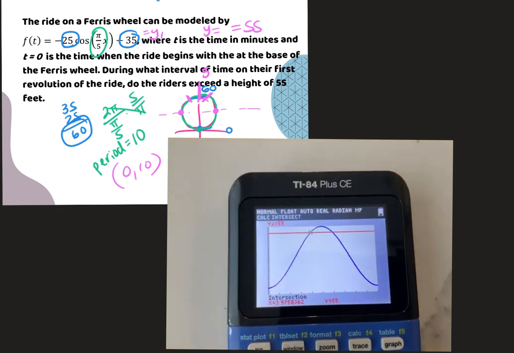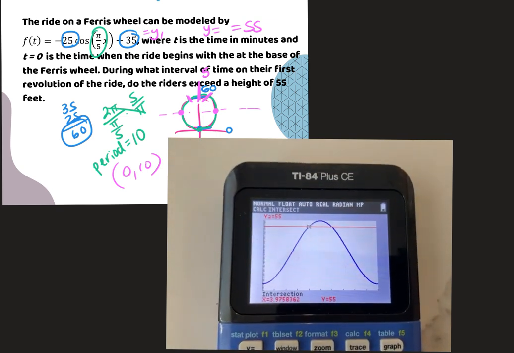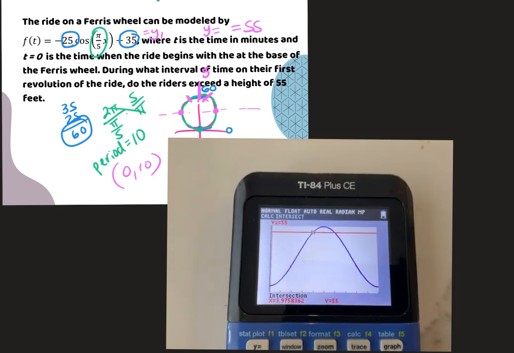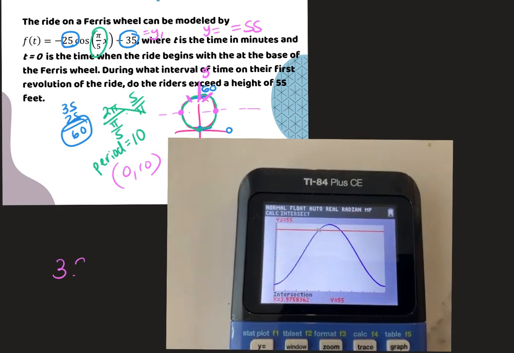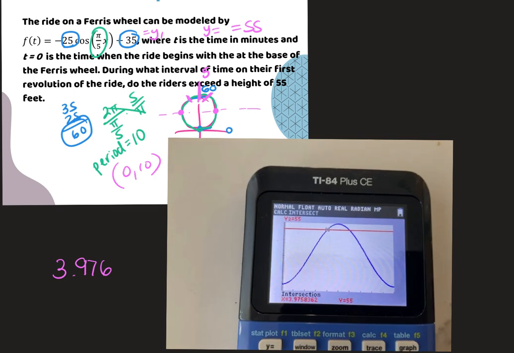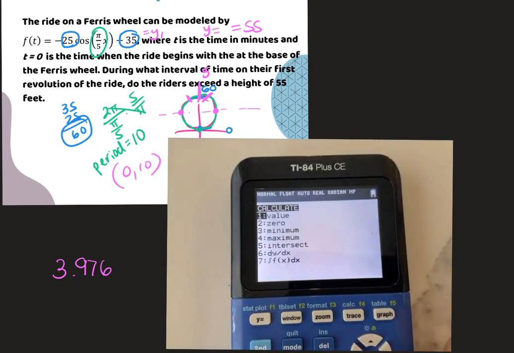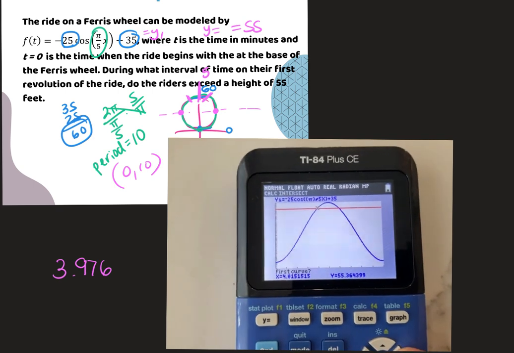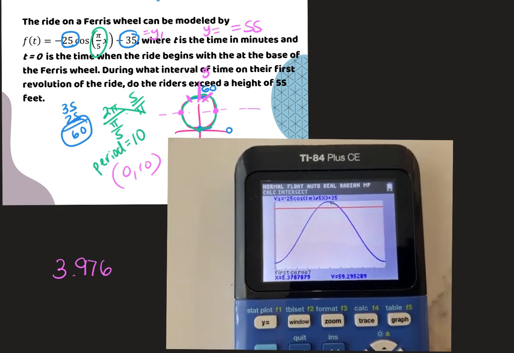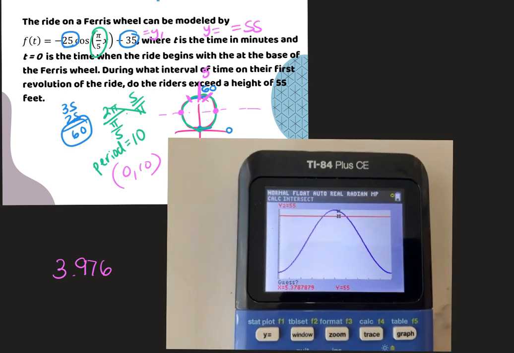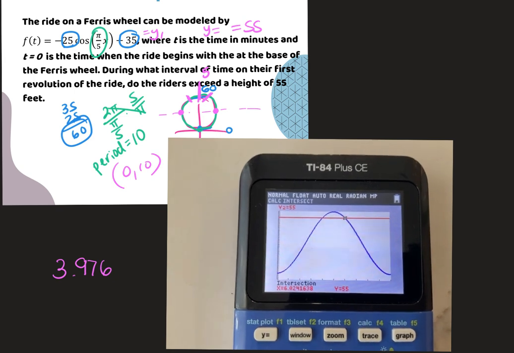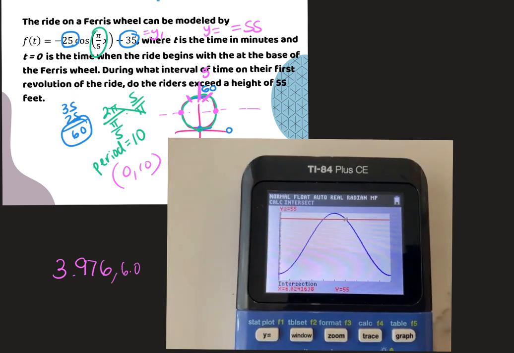And that first coordinate point is 3.9758. So we're going to say that is from 3.976 minutes. Then second, trace, intersect, go closer to the next one. And it stops at 6.024.